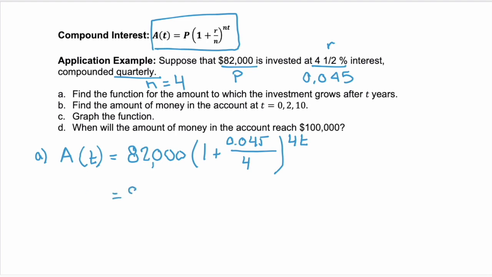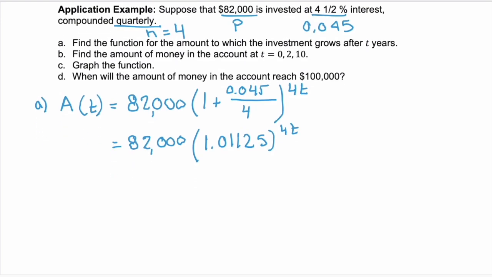And we can simplify this. Principal stays 82,000. 1 plus 0.045 over 4. Punch that into your calculator real quick, and this is 1.01125 to the power of 4t. That is our simplified function for how the investment grows after t years.